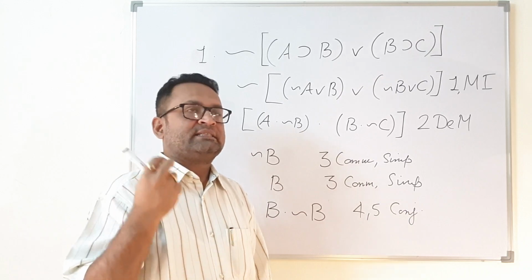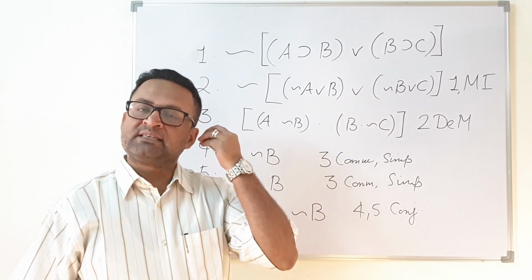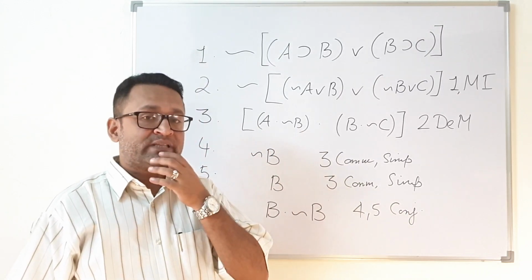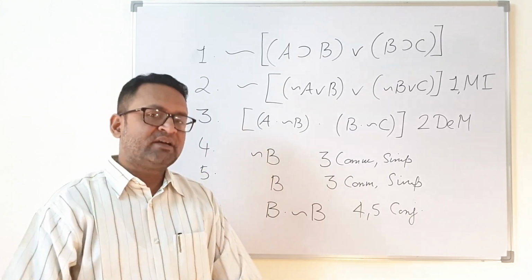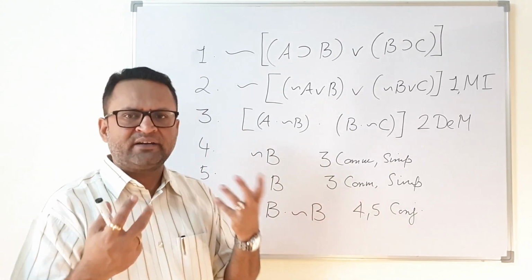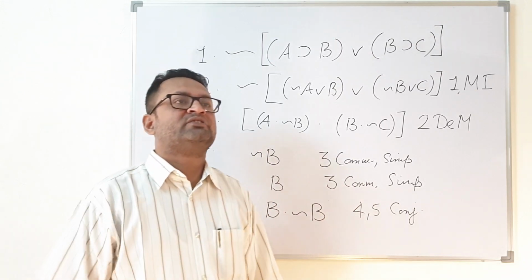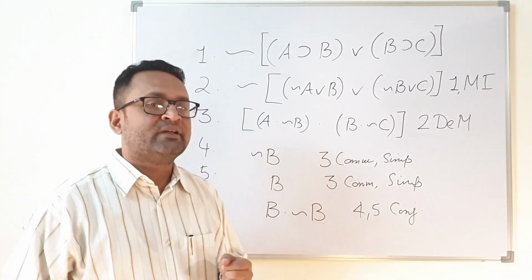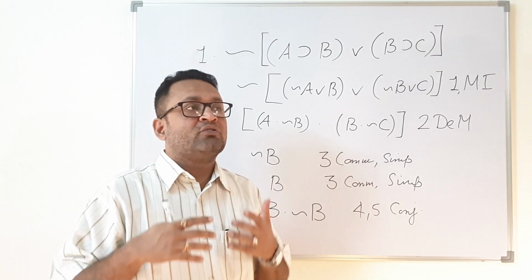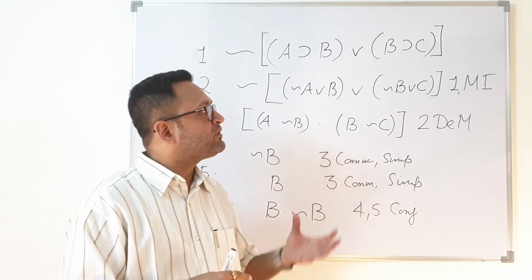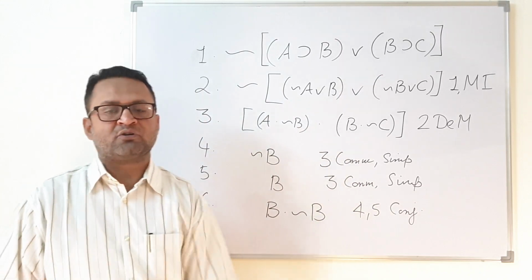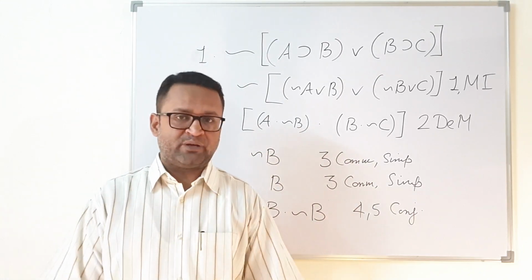All these things have to be there in your mind, so that you understand what a tautology is and how to prove that something is a tautology. So this was a simple and small exercise which I wanted to bring to your attention, so that you not only have clarity about what a tautology is, but also how to prove something as a tautology apart from using truth tables. Thank you.